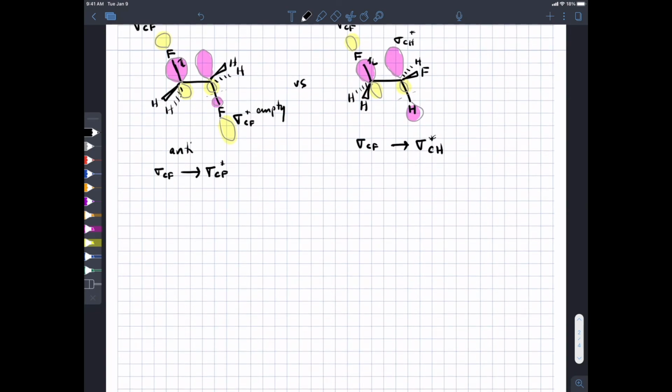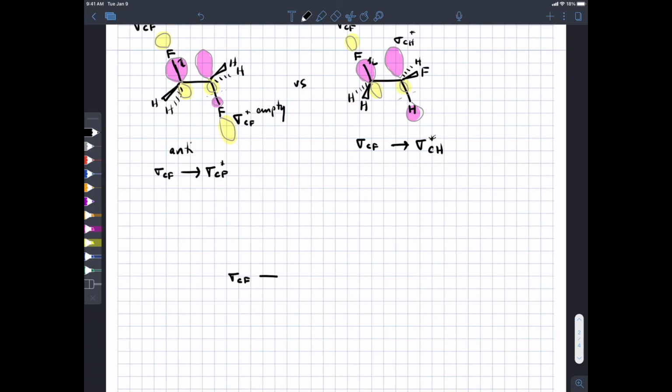Let's just compare two options. Carbon-fluorine sigma bonding orbital is going to mix with either a carbon... Did I go about this the wrong way? Oh, I am thinking of this backwards, aren't I?